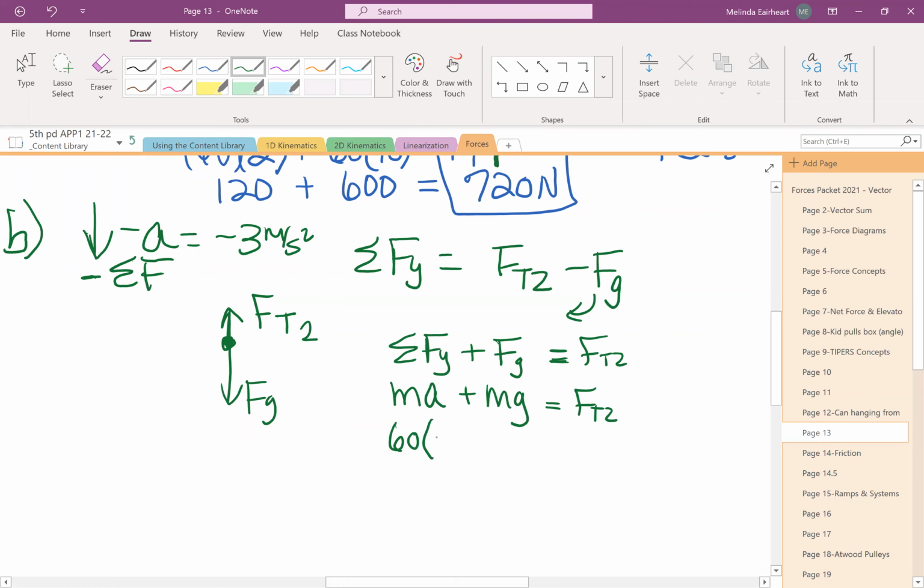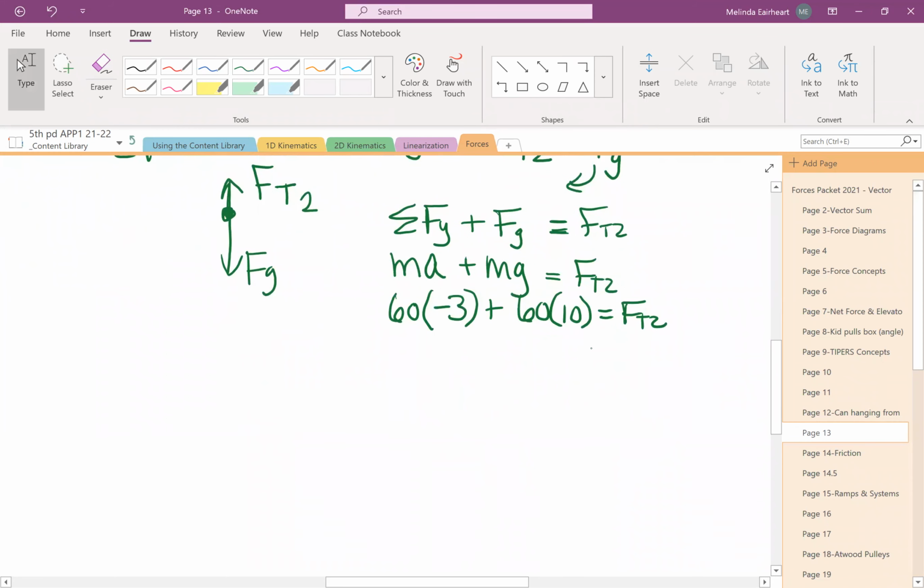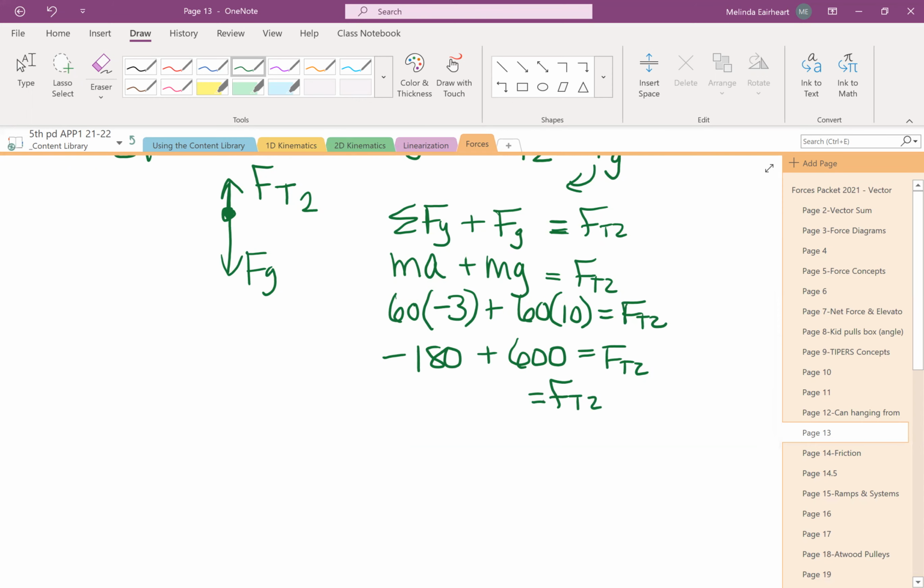Mass is still 60, but now acceleration is -3, and then 60 times 10. And notice, we're going to get an answer less than the weight, right? We get -180. We get less than the weight. We get what? 420. So FT2 is less than your weight.